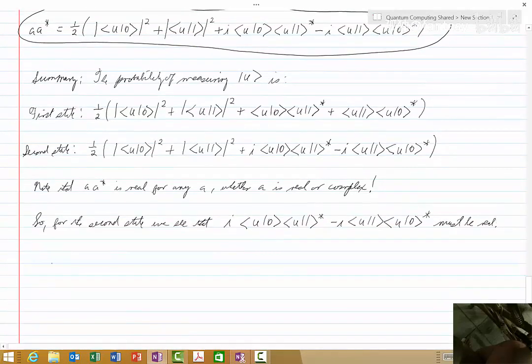But that means we notice that this expression here could also be written like this.